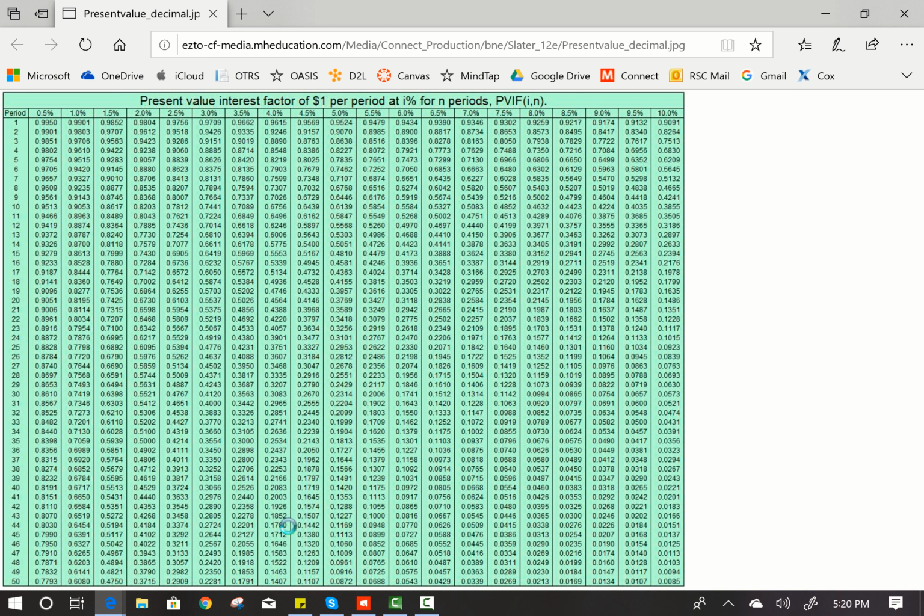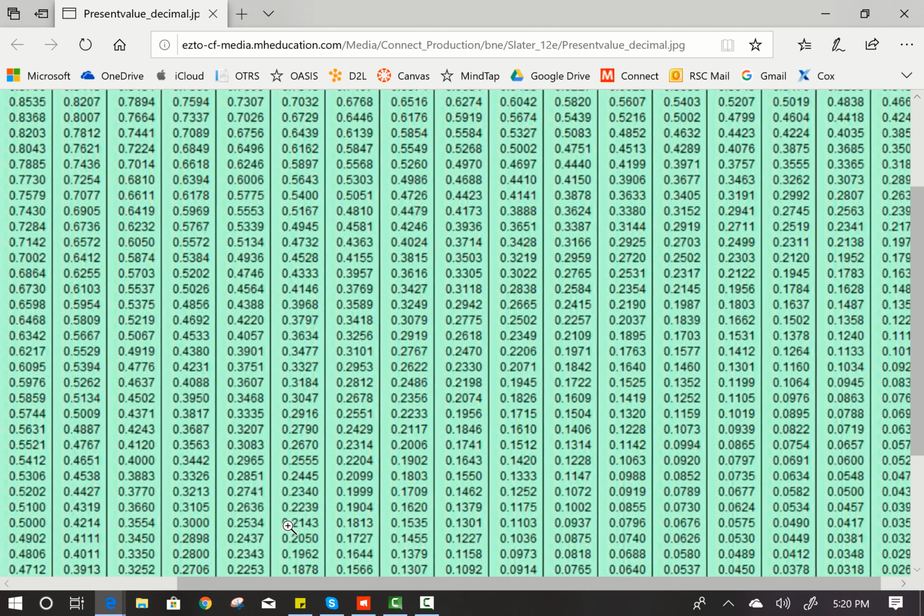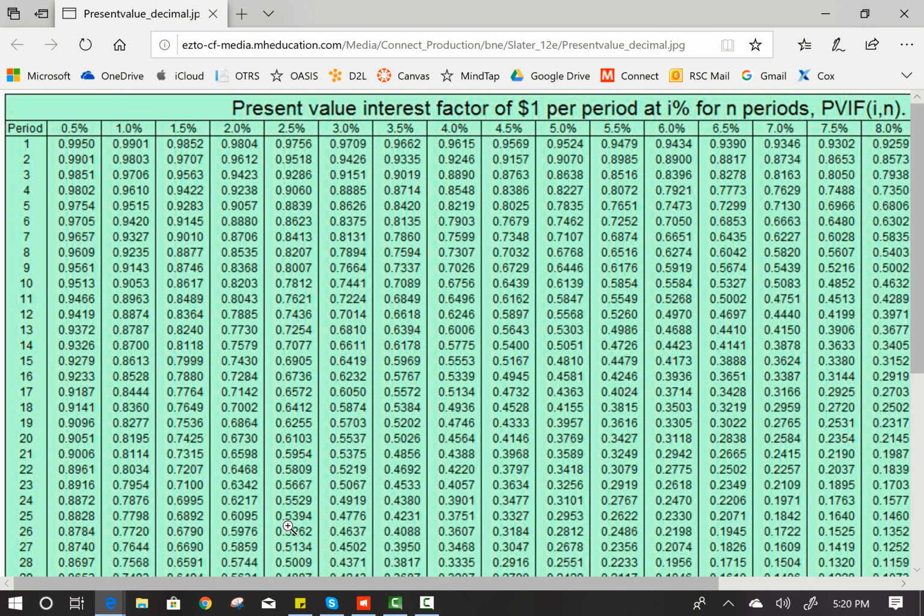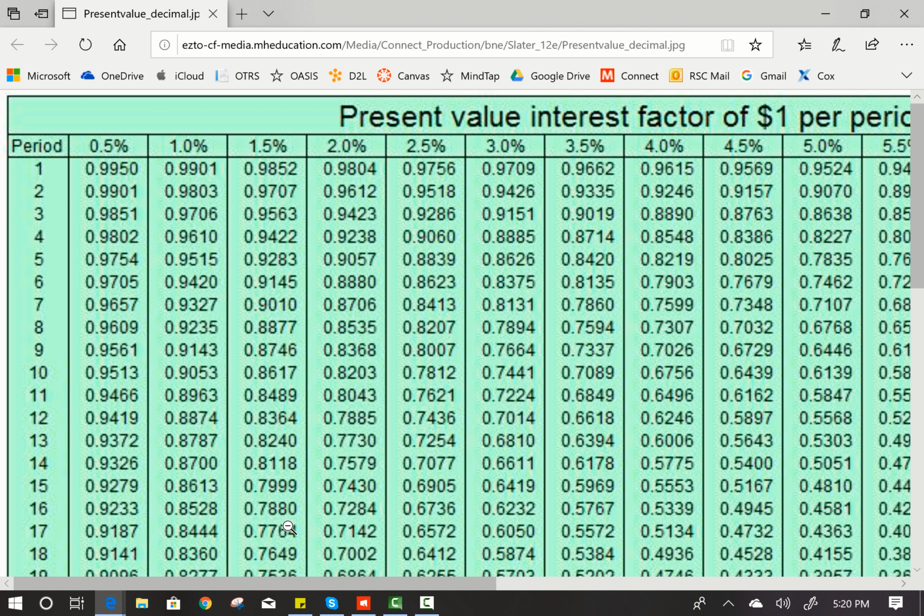Okay, note that it says present value at the top of this particular chart. And I want 1.5% right there, and I want 16 periods. So there's 16 periods. And 1.5% is 0.7880.